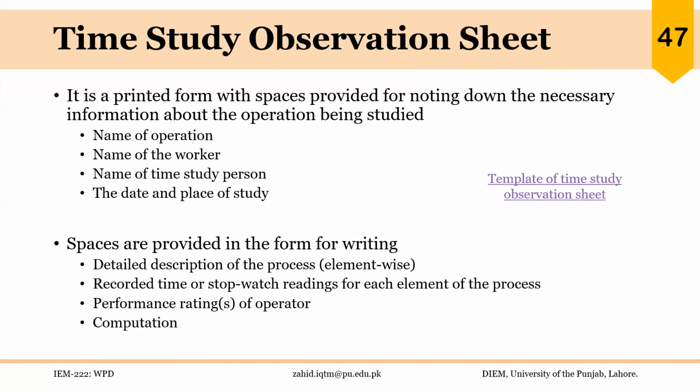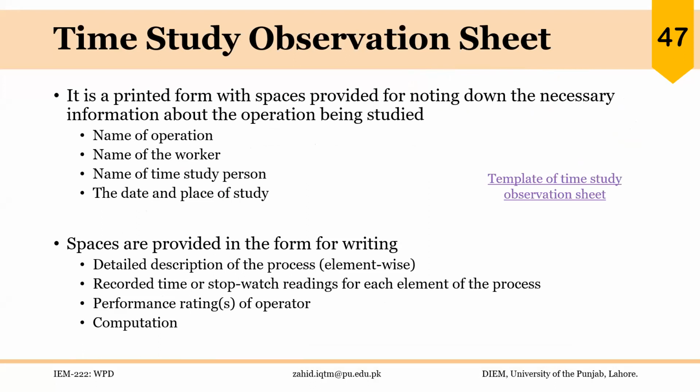We do need to have a time study observation sheet that includes the name of the operation, name of the worker, the name of the time study person, the date and place of study. There could be other provisions like a detailed description of the process. And of course, you have to have different spaces for the readings that you have to take.